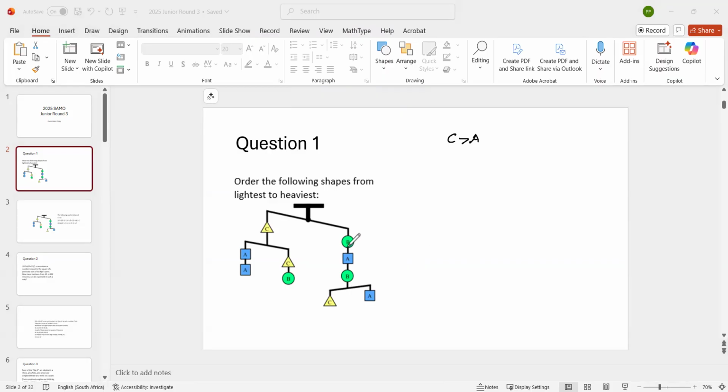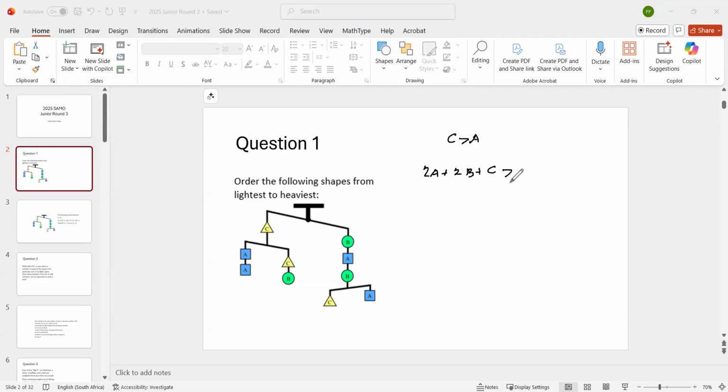And if you look at this entire weight, you will see that this whole thing is down. So the sum of all these weights, which is 2 A's and 2 B's and a C, 2 A's, 2 blues, 2 greens, and a C, that is heavier than what is on the other side of the scale.